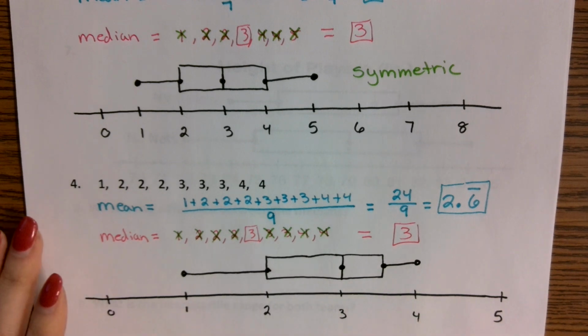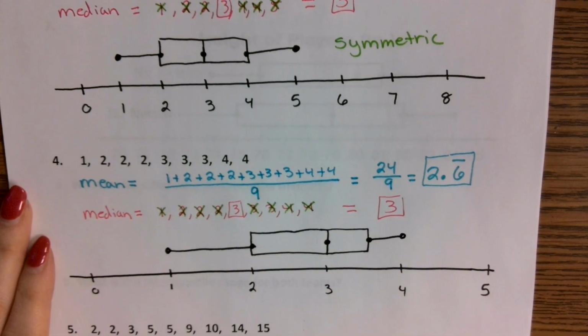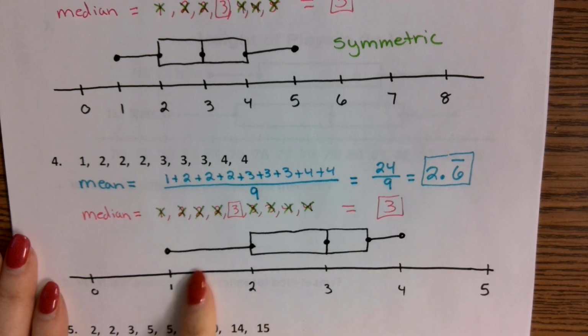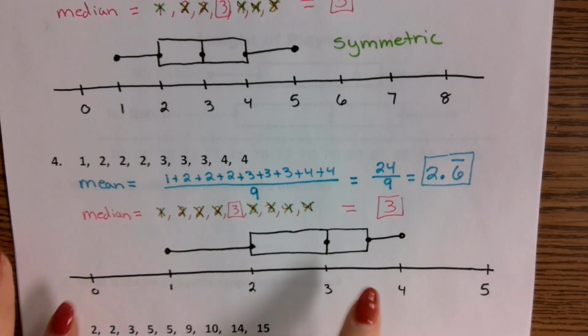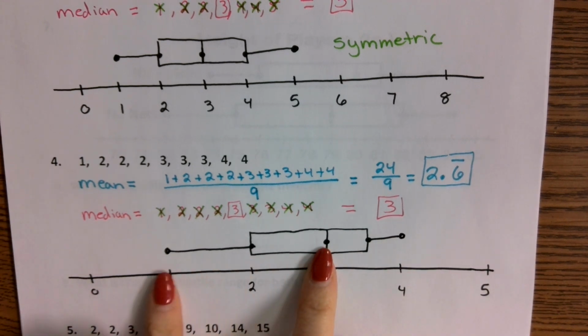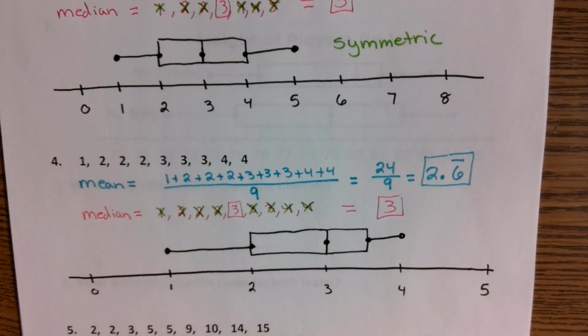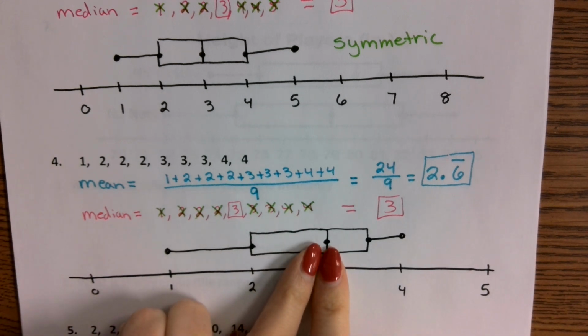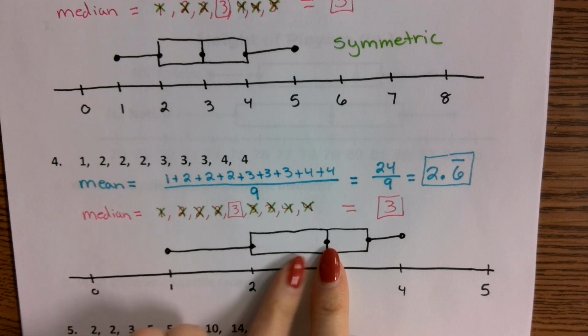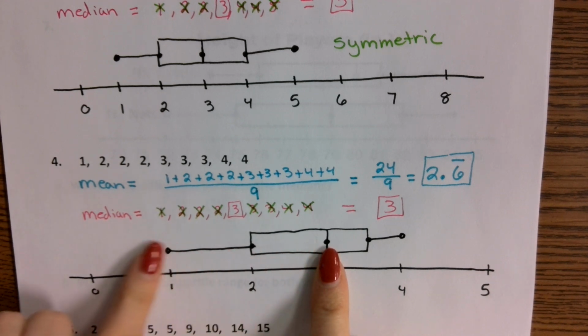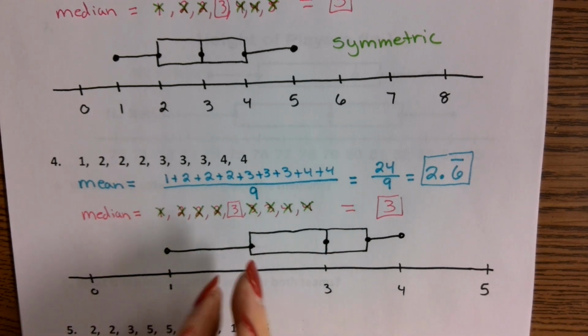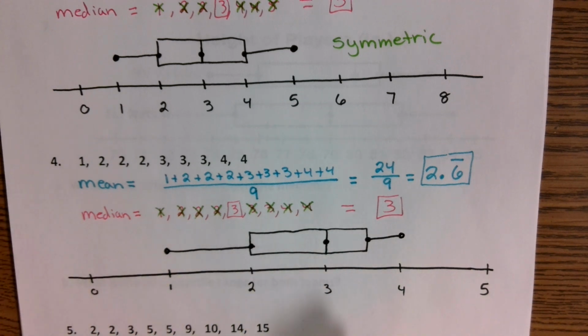Okay, so when we are looking at the plot, is this symmetrical? No, right? The lower half is not the same mirror image as the upper half. In fact, the lower half is skewed. We call it skewed more to the left. Your left half is longer or more spread out.